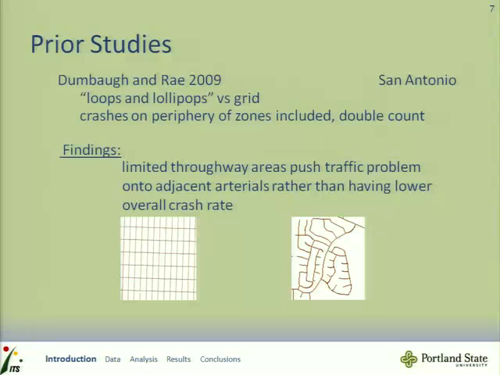They felt that crashes on the peripheral roadways should be included in either zone that they were associated with, so they essentially double-counted crashes. They found that limited throughway areas push the traffic problem onto adjacent arterials rather than having a lower overall crash rate. They also felt they were providing one of the first empirical studies looking at this question of whether it's really safer to have a loops and lollipops layout than a grid design.